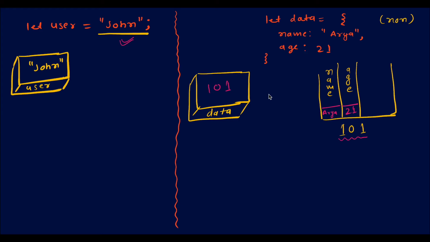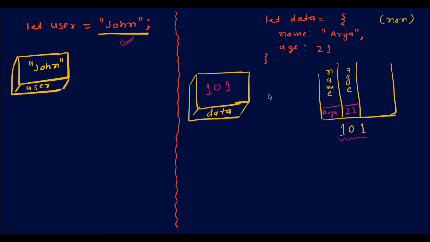Whenever the value is a primitive value, that value lives inside the variable. But whenever the value is non-primitive, the object gets created outside in the memory and the variable just holds the address to that memory. That is 101 in this case.